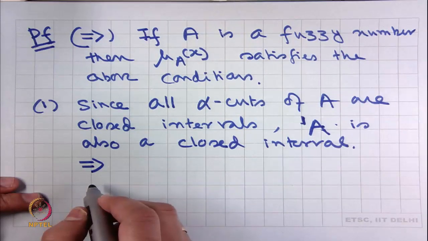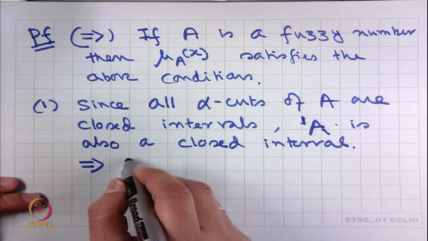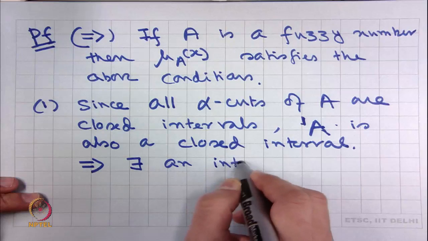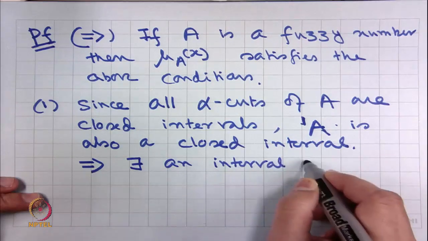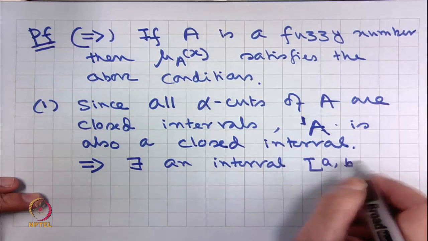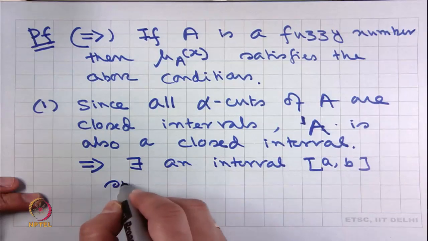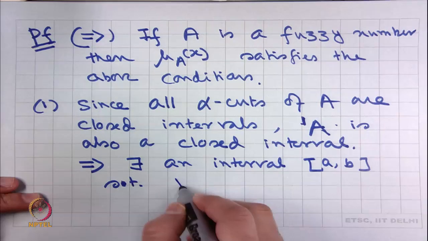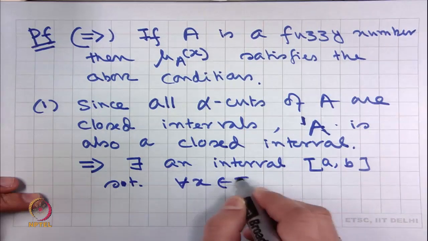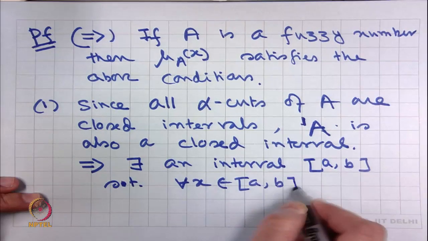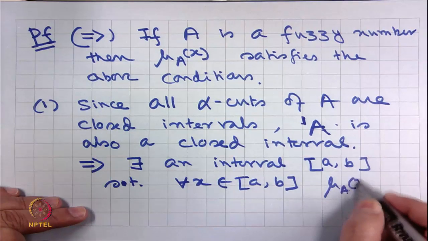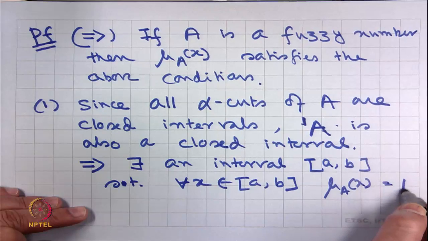Implies there exists an interval A to B such that for all x belonging to the interval A to B, mu A x is equal to 1.